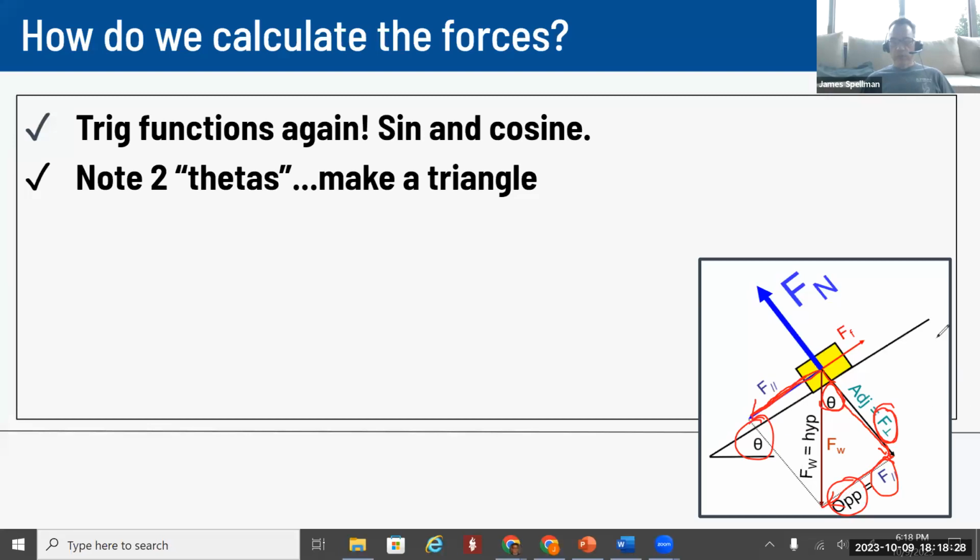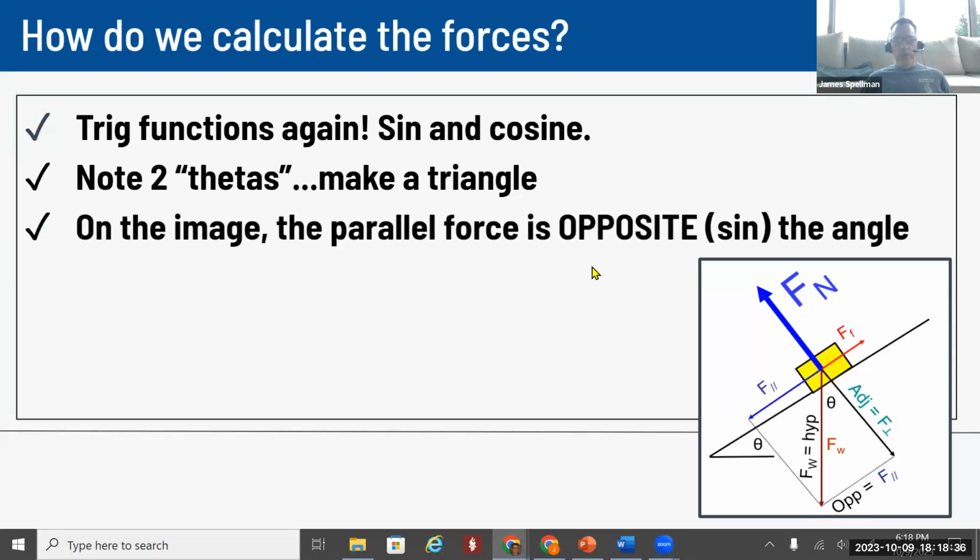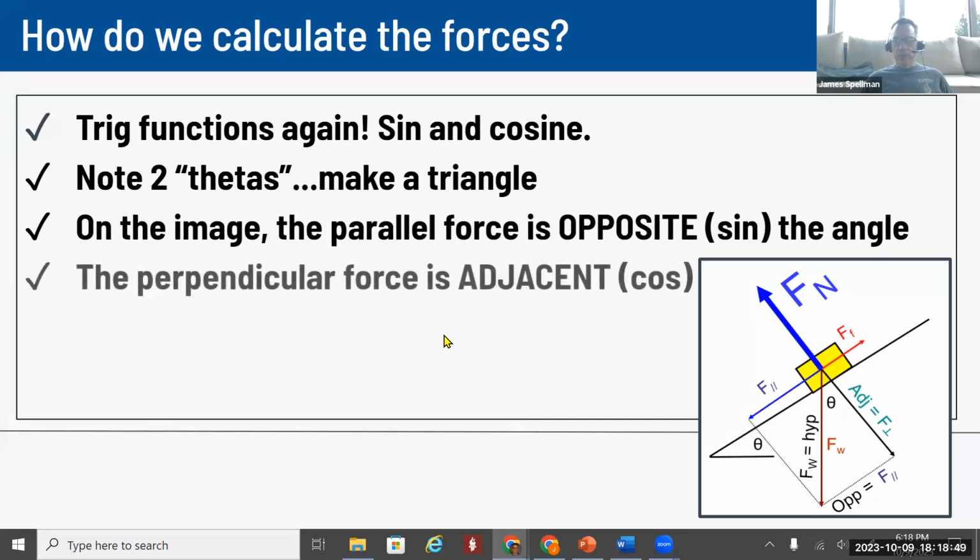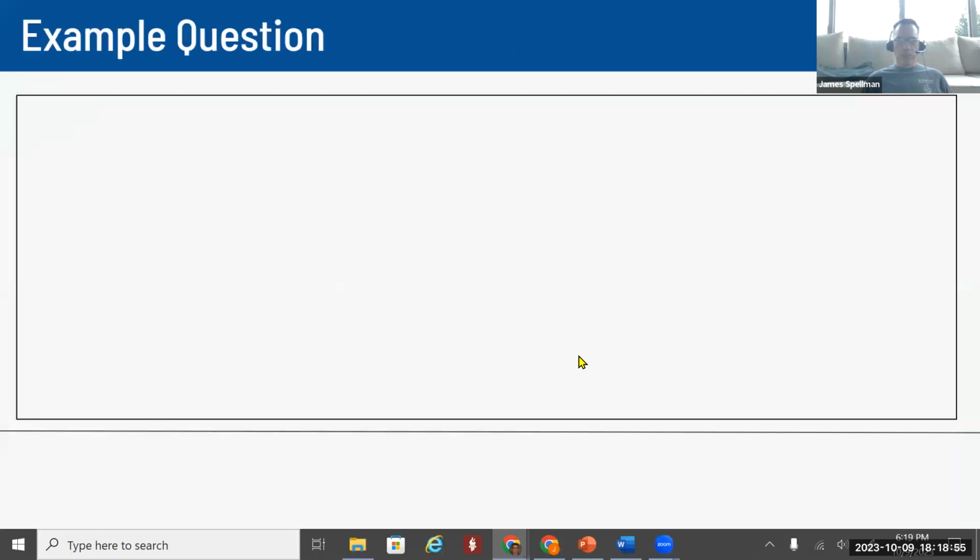So just some basic trig that we've done before. Notice again on the image, the parallel force is opposite the angle. Even though the angle is down here on the original diagram, it's the same angle that we have here. The perpendicular force is the one that's adjacent, and so we can use the cosine function to do that.